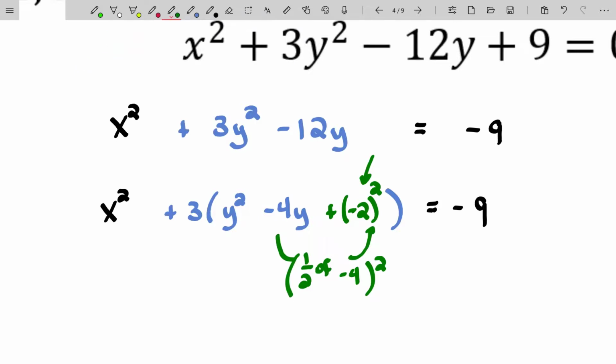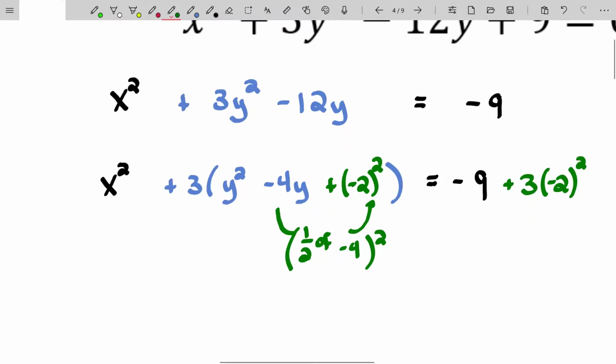Well, some people here would say, okay, let me add -2 squared to the other side, but you'd be incorrect, because you didn't just add a -2 squared to the left-hand side. You added 3 times it. So you have to add 3 times -2 squared to the right-hand side as well. Be very aware of that.